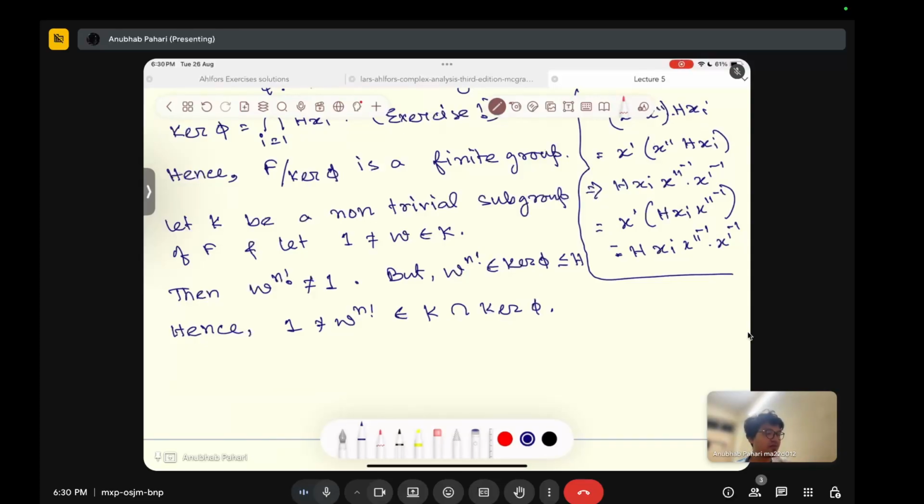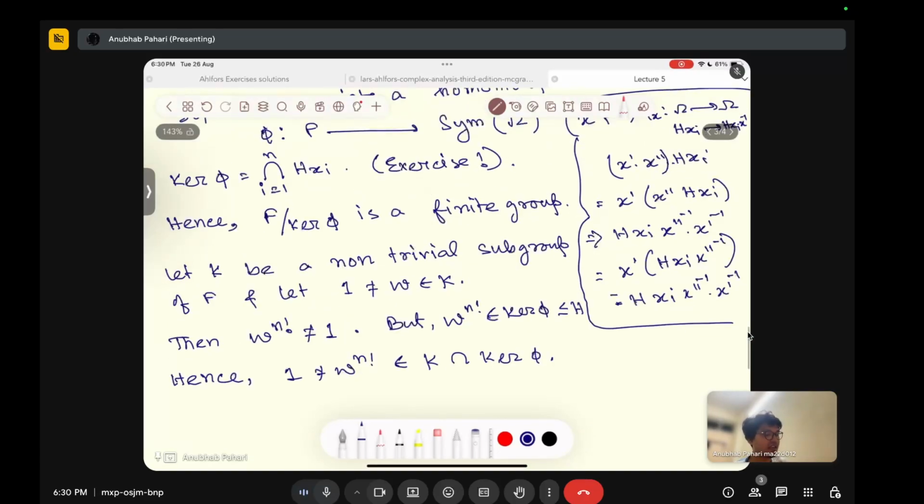because we took W from K, so its power should be in K. Sir, why does W to the power n factorial belong to kernel phi? I think I made a typo. Sorry, what did you say?